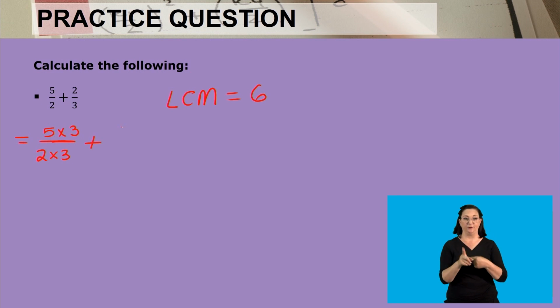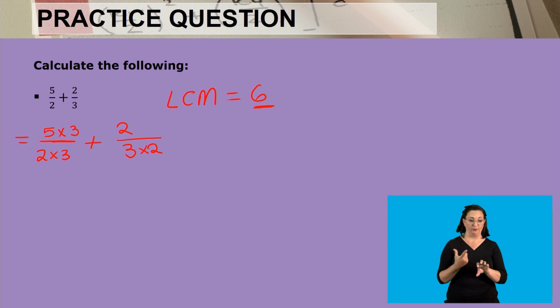We are going to add this to the 2/3. Again, as a denominator, we have that 3. How do I change it so that it becomes a denominator of 6? Yes, we are going to multiply the denominator by 2, because 3 multiplied by 2 will give us that required LCM of 6.